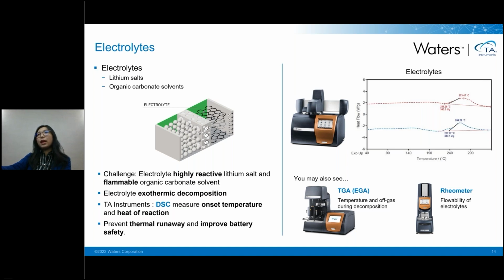A lot of the time in cell manufacturing, it is sandwiched between cathode and separator, and the electrolyte is oftentimes filled into the gap at the last. Understanding the flowability of the electrolyte is important during the cell manufacturing process as well.